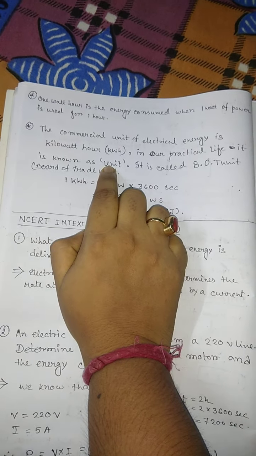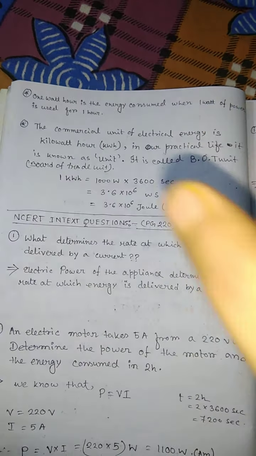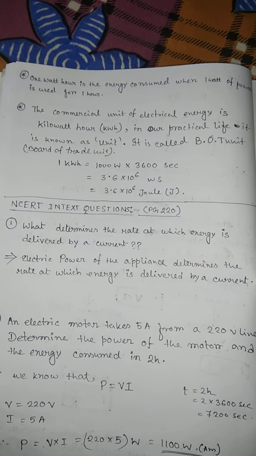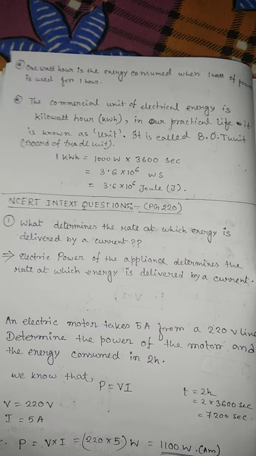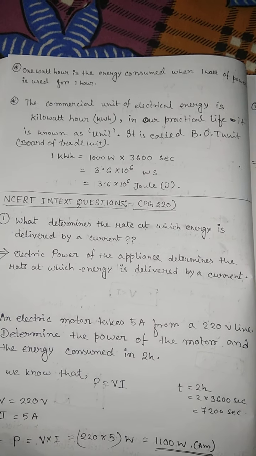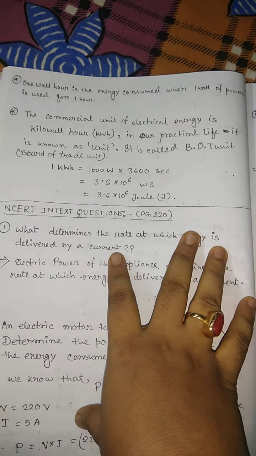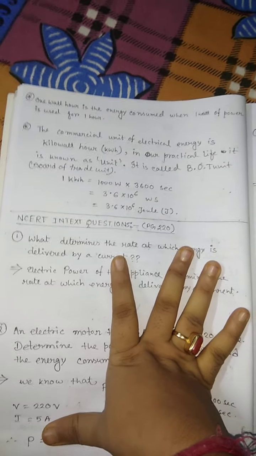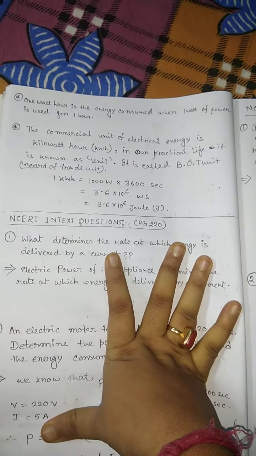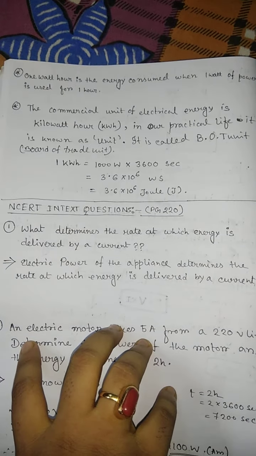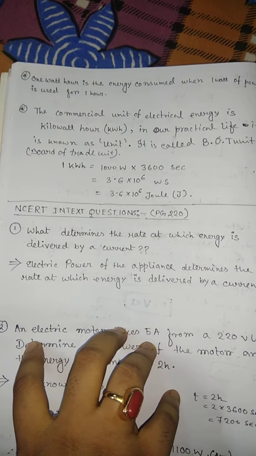Normally we write it as 7 units, 5 units, this much unit of energy consumed by our household appliances this month. And this unit, kilowatt hour, is called the BOT unit, Board of Trade unit.